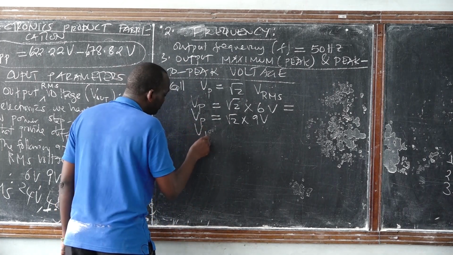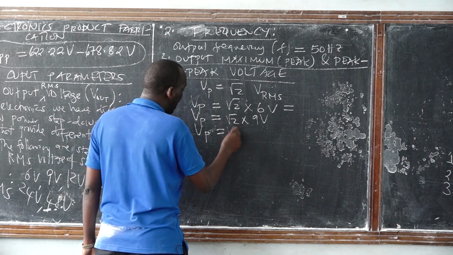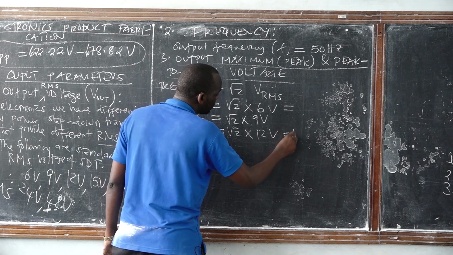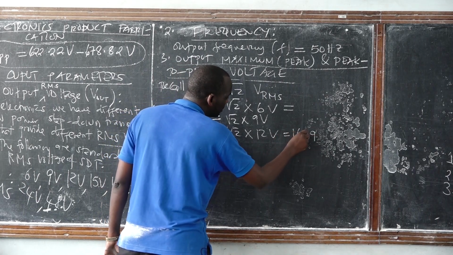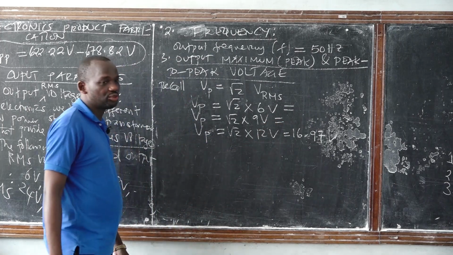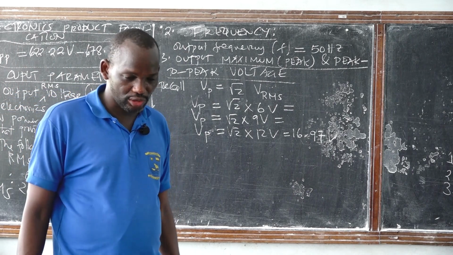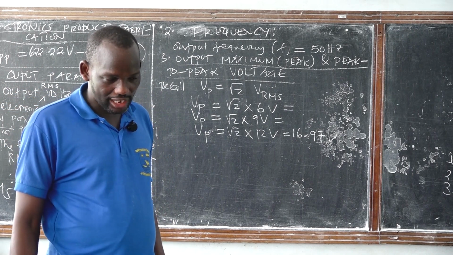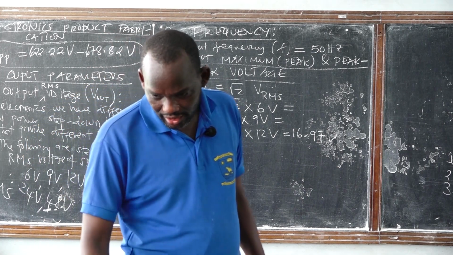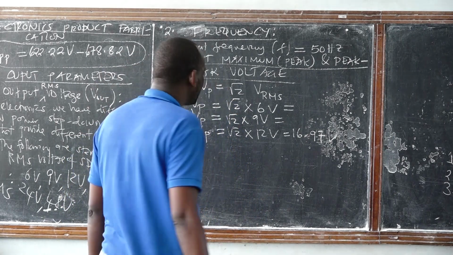If it is 12 volts, it's square root of 2 times 12 volts. What do you get? 16.97. But the rest you don't remember because you did not compute last time. 9 times square root of 2. Where's your calculator? You can borrow. 12.73? This is the 18.